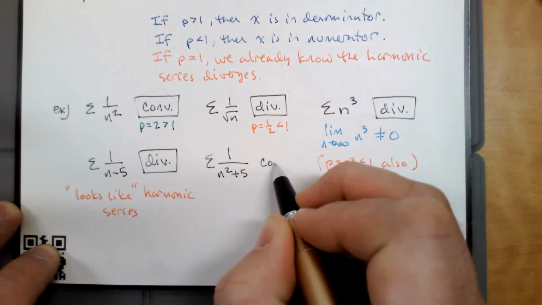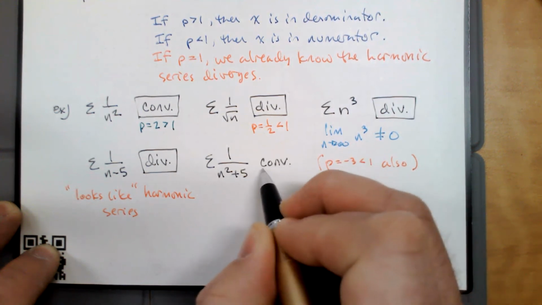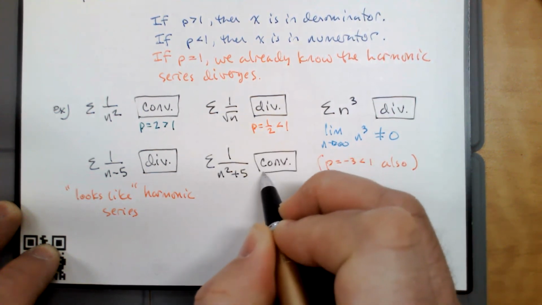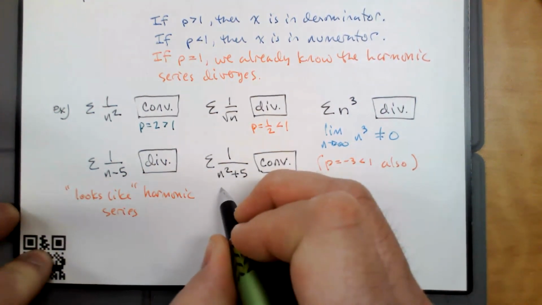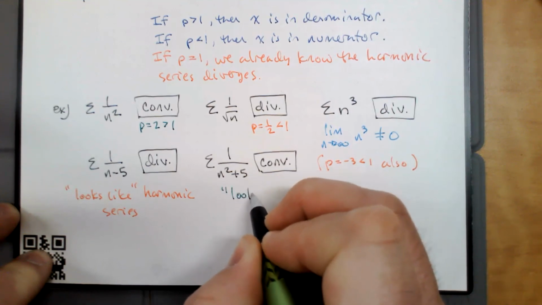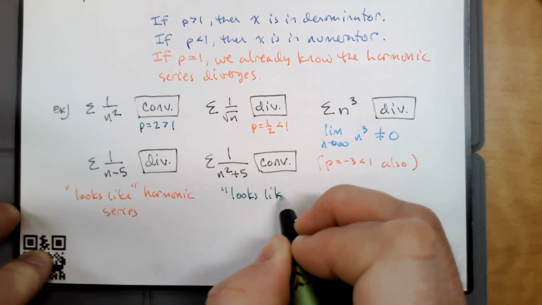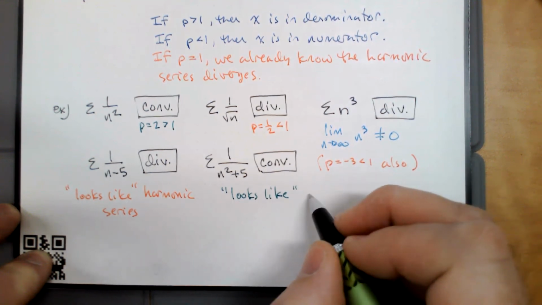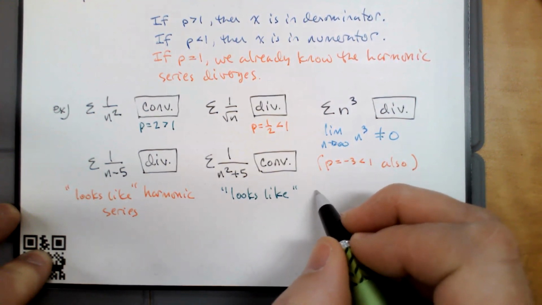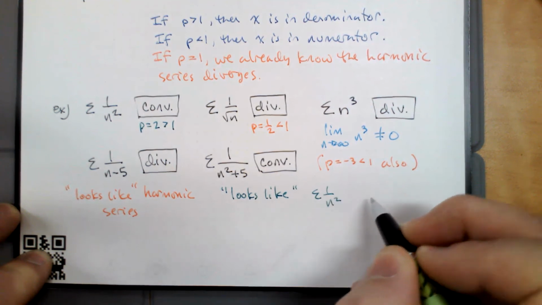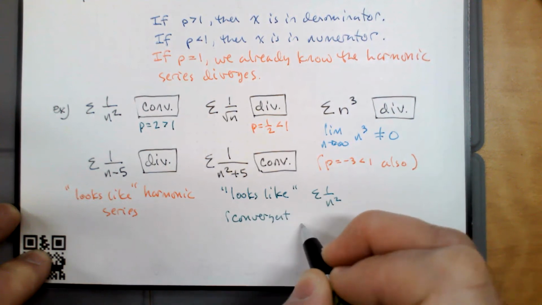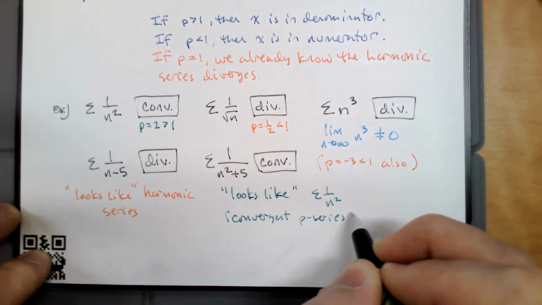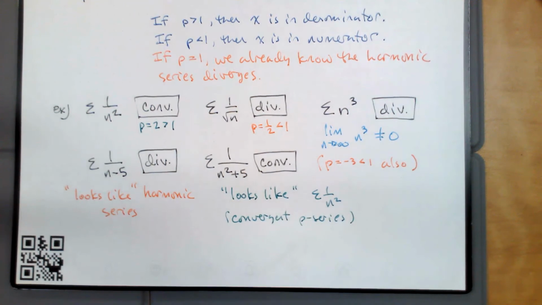We're suspicious and think this one probably converges. It looks like the series 1 over n squared is a convergent p series.